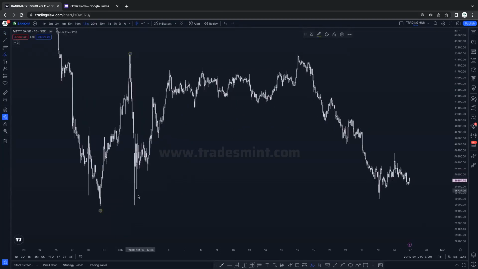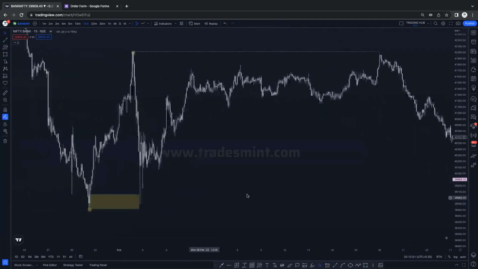This was a lower low, lower high, okay, and this lower low is not confirmed here because the market has not closed below it, right? So the market is still moving in a range, and tap on your extreme order block, which is here.